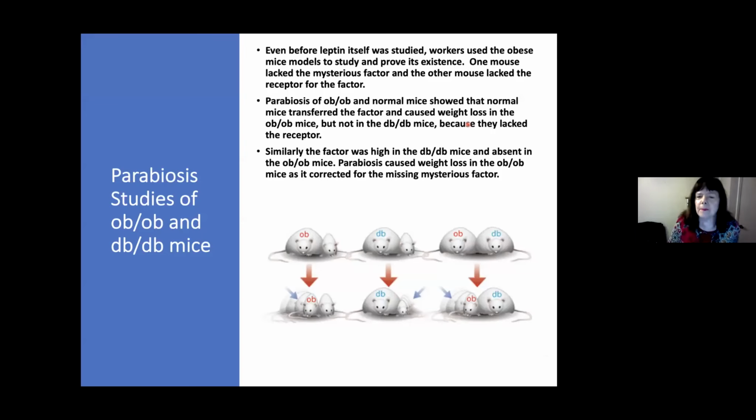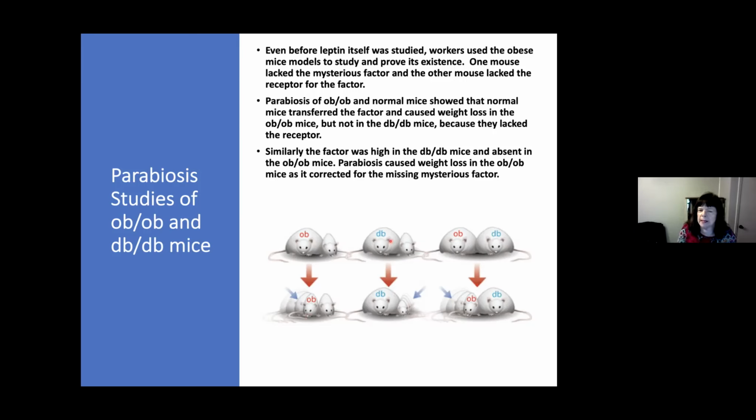Okay, so people played around with these OB and DB mice, and you can take a look at this. Again, we're doing parabiosis, so you connect a lean mouse to an OB mouse, and of course, there's no leptin here, and there is leptin here. Connecting the circulatory system will cause this mouse to cure this mouse. So that's one thing that happens.